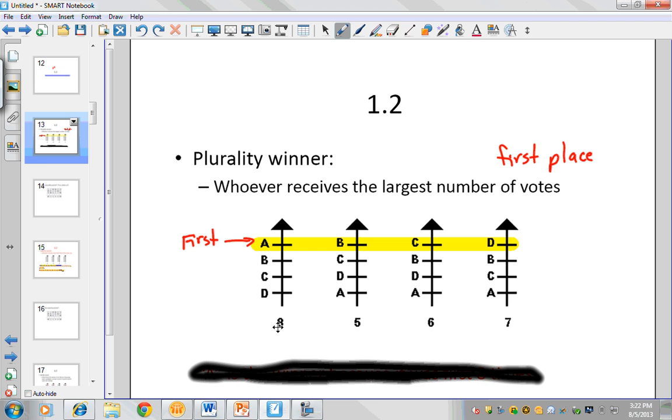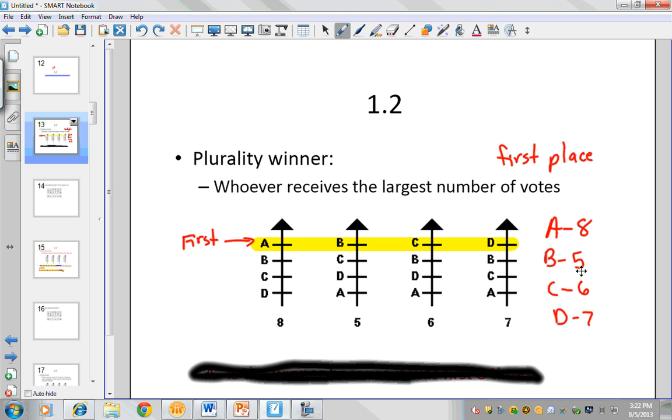These numbers represent how many people believe A is in first place, B is in first place, C is in first place, and D. So all you would do is examine the graph and say A has 8 first place votes, B has 5 first place votes, C has 6, and D has 7.